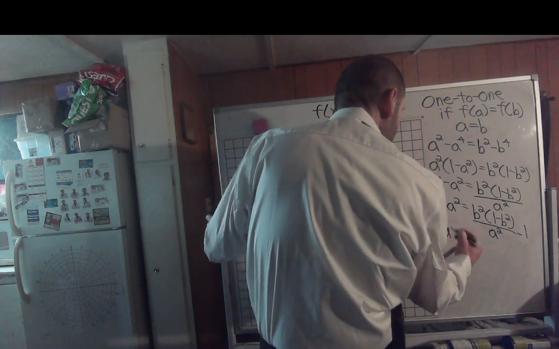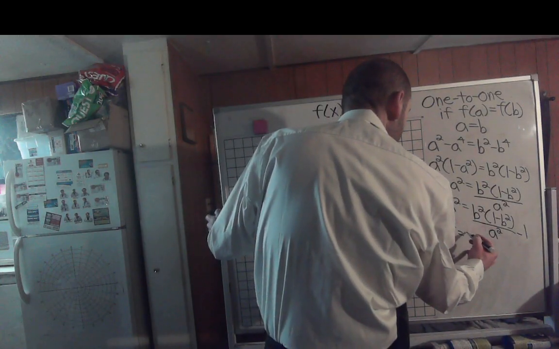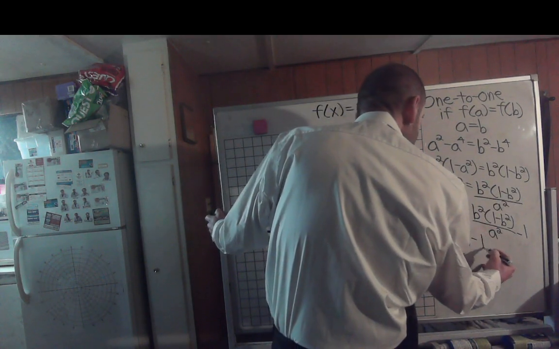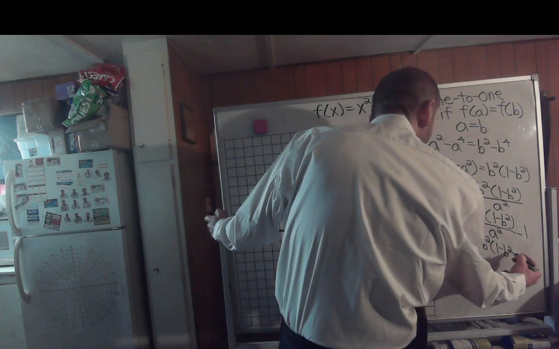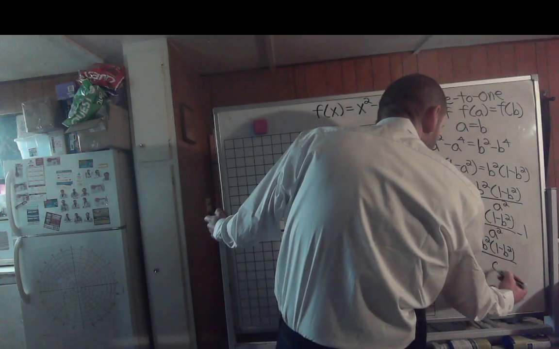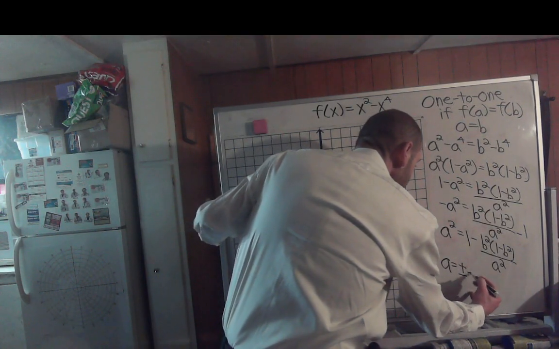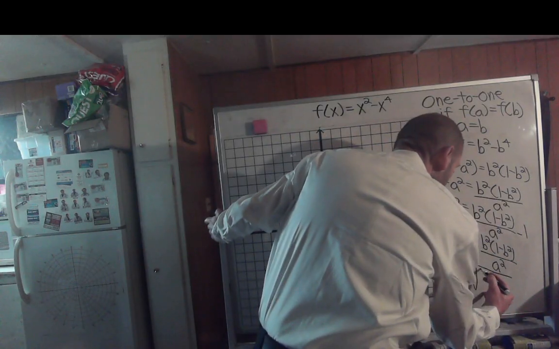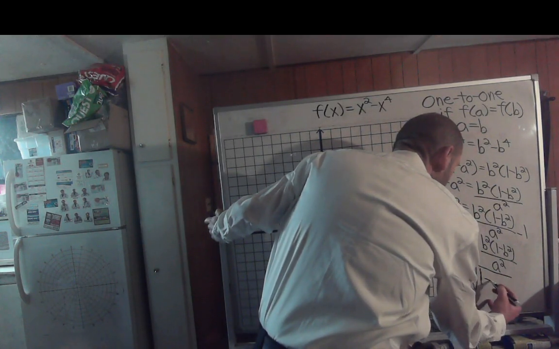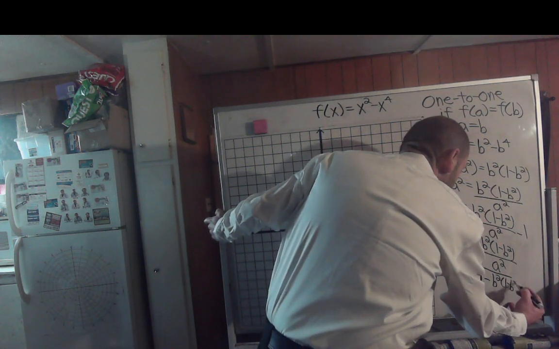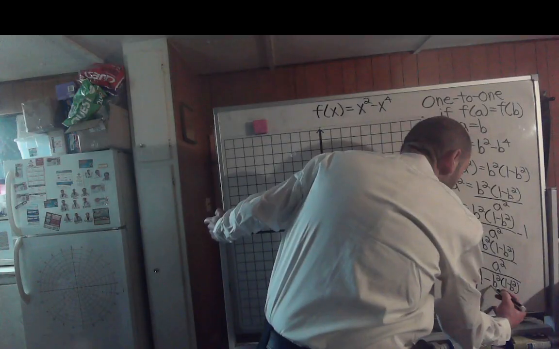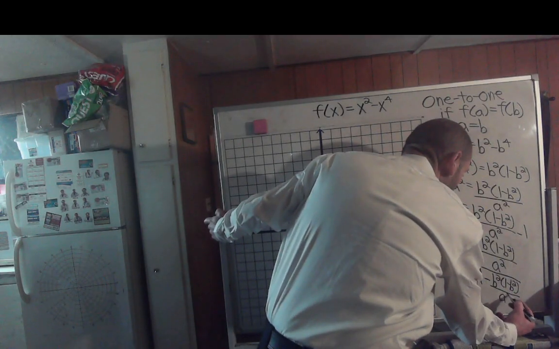So then a squared would equal 1 minus that b squared times 1 minus b squared all over a squared. And then a would have to equal both plus and minus the square root of this whole mess right here of 1 minus b squared times 1 minus b squared all over a squared.